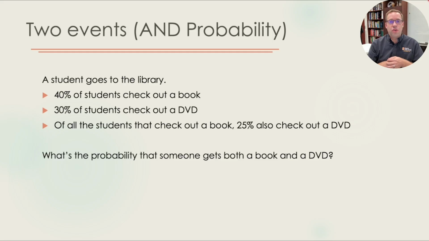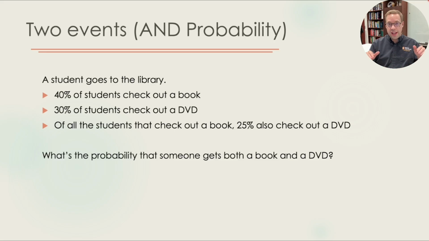So you've got a student who goes to the library, and we have some data about students who go to the library. We say that 40% of students who go to the library check out a book. 30% of students who go to the library check out a DVD. Of the students that check out a book, 25% of them check out a DVD.